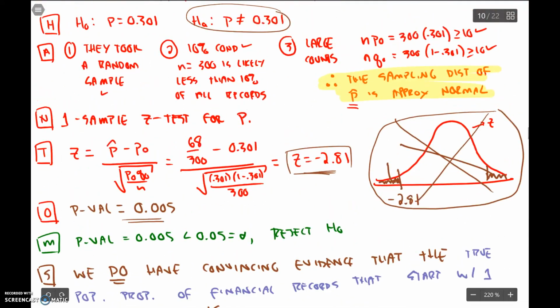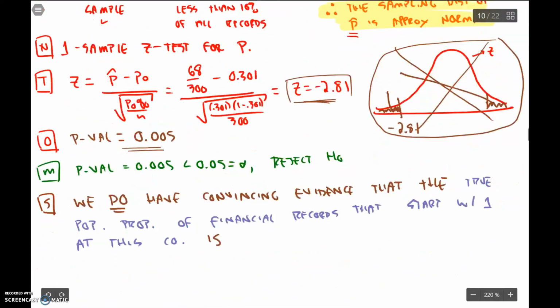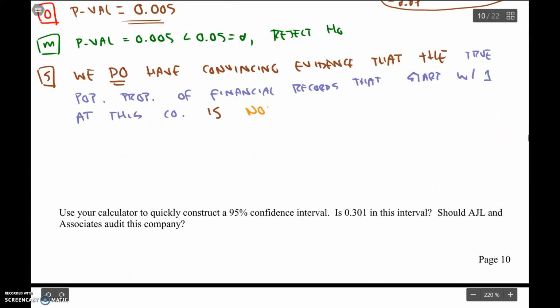Look at your alternate. You always word it in terms of the alternate. Always. Not equal to 0.301.